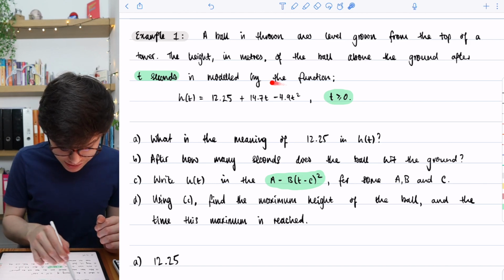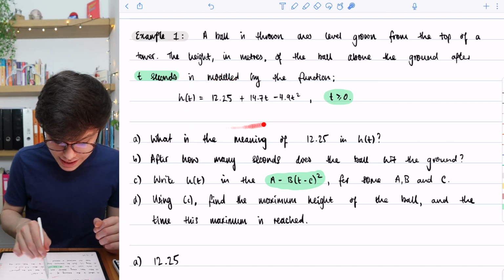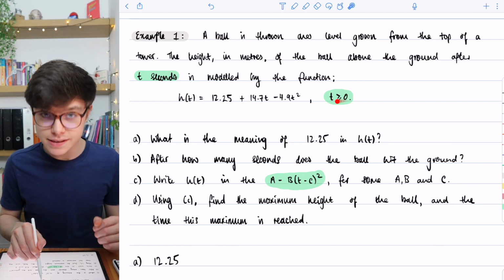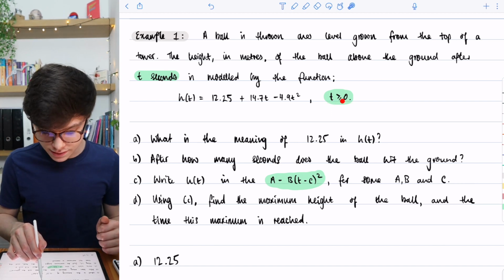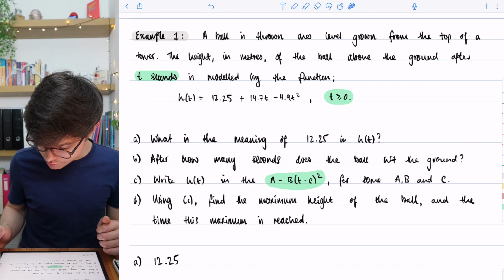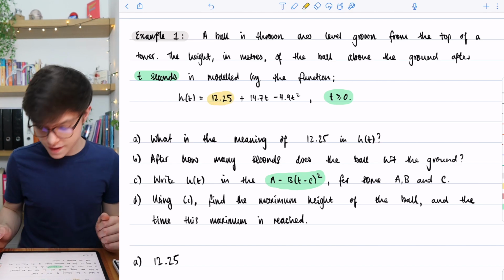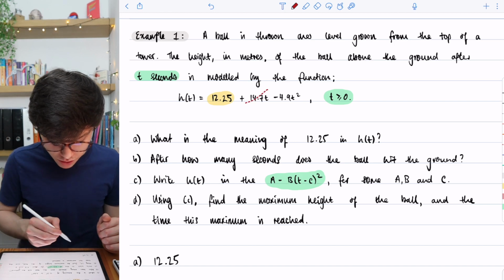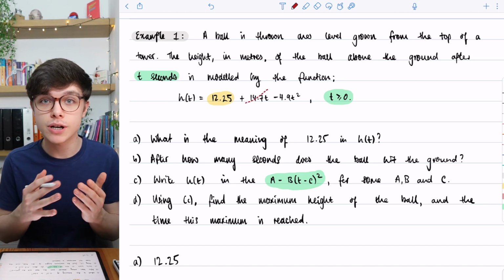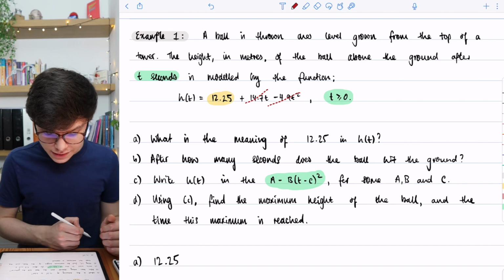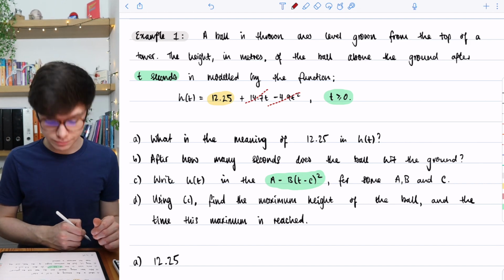Now if we think about this equation here, when t is equal to 0, because it can be either equal to 0 or greater than 0, the only term that's going to survive is the 12.25. Because that term's going to disappear because it's got a t in it, so we're going to multiply by 0, and that term is also going to disappear.